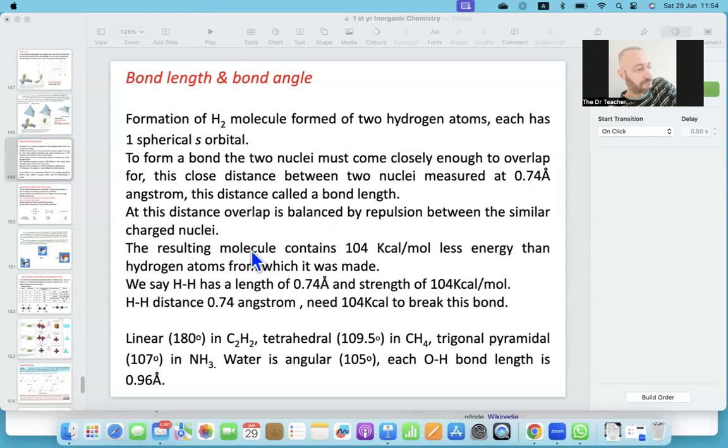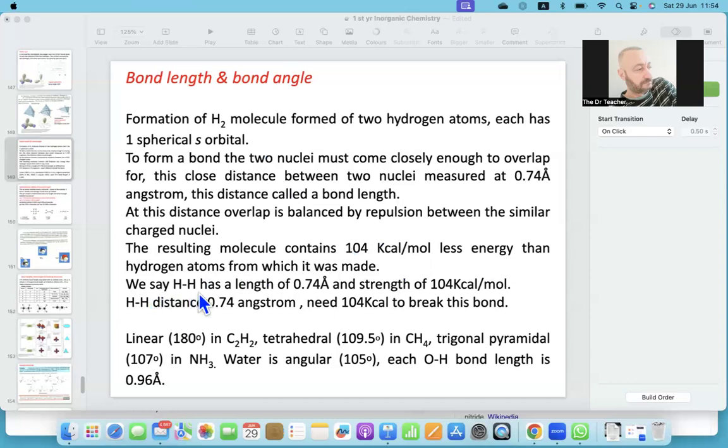The resulting molecule has 104 kilocalories per mole of potential energy, which is less than the hydrogen atoms from which it was made. So we need 104 kilocalories per mole to form H2.